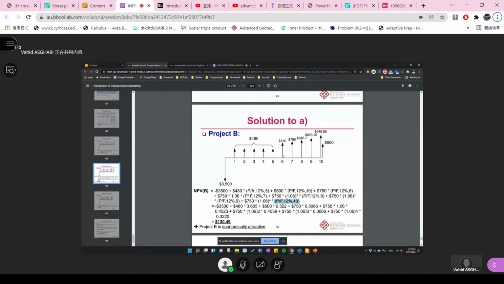But that's not correct. Our timeline is 10 years. Similarly, if we use that formula for year 7, we will have the annual representation for years 1 to 7. So that's why we need to find the present value of these costs or whatever they are, and then compare them together.